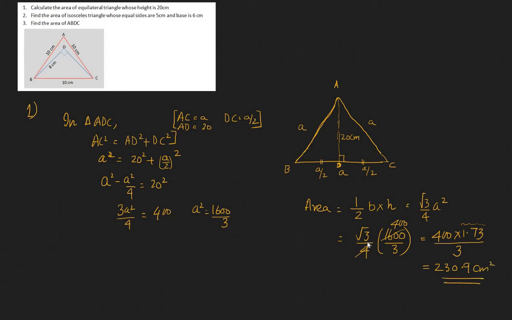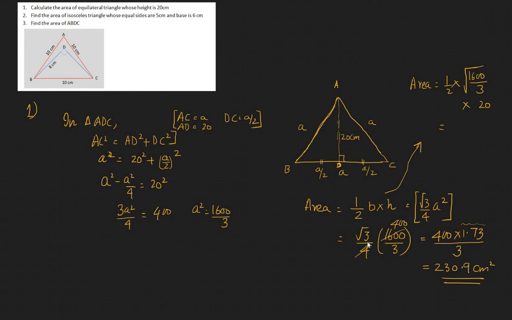Alternatively, instead of using root 3 by 4 A squared, you can substitute and say that your area is half into base, which is A. In this particular case, it is the square root of 1600 divided by 3 into height, which we know is 20.